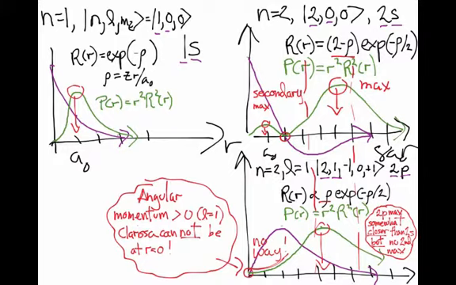Whereas once I give Clarissa some angular momentum in the 2p orbital, there's no way I can find Clarissa anywhere near the nucleus. So the probability of finding the electron exactly at r equals 0 is 0, strictly. It won't be there at all.